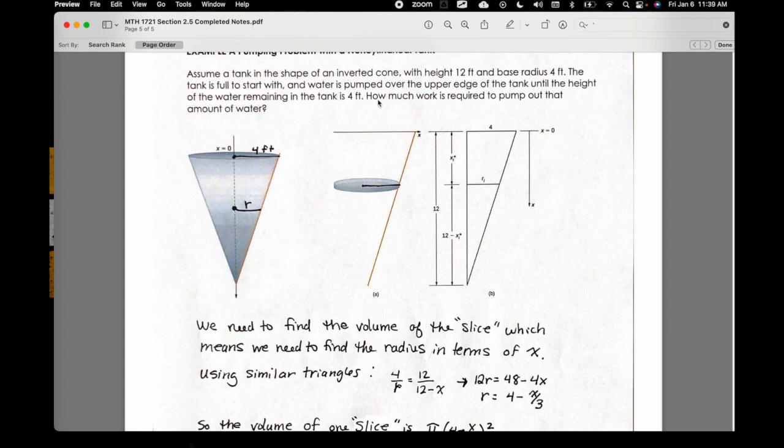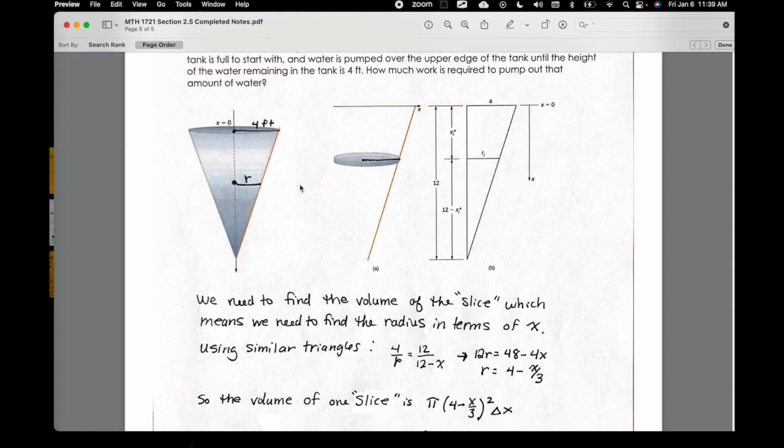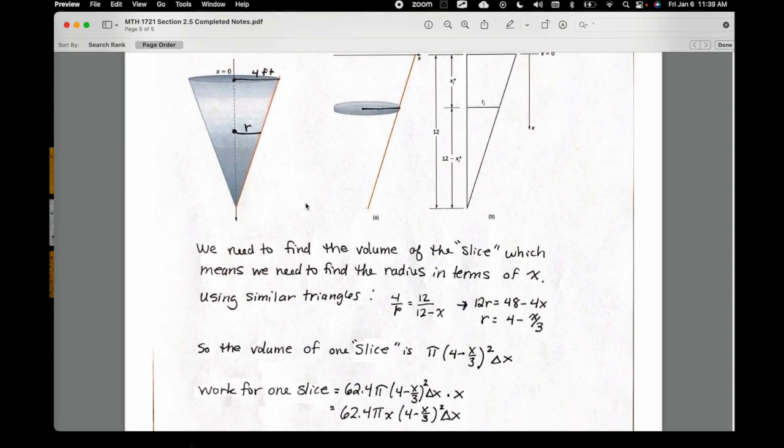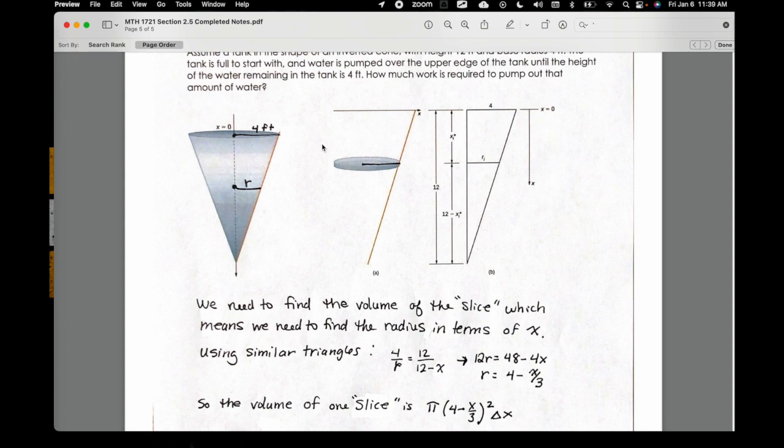Okay, now it's asking how much work is required to pump out that amount of water. So remember what we have to do. We have to find the work for each slice, which in order to do that, we need to find the force for each slice, which in order to do that, we need to find the volume for each slice. Now, in order to find the volume of each slice, unfortunately, as you come down this cone, different distances down this cone, the radius is going to be different.